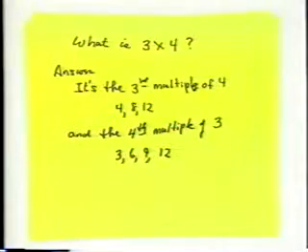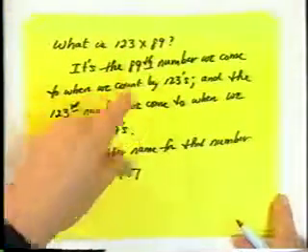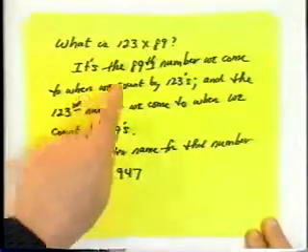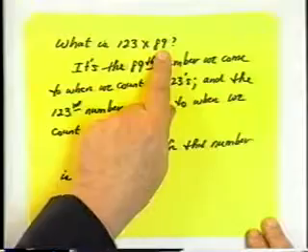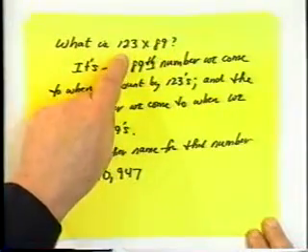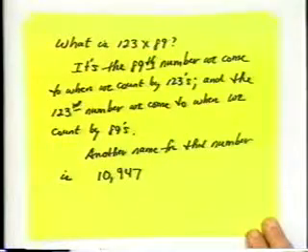For example, suppose you don't have a calculator, and I say, within 10 seconds, tell me what is 123 times 89. No calculator, nothing. It's the 89th number we come to when we're counting by 123s, and the 123rd number we come to when we're counting by 89s.